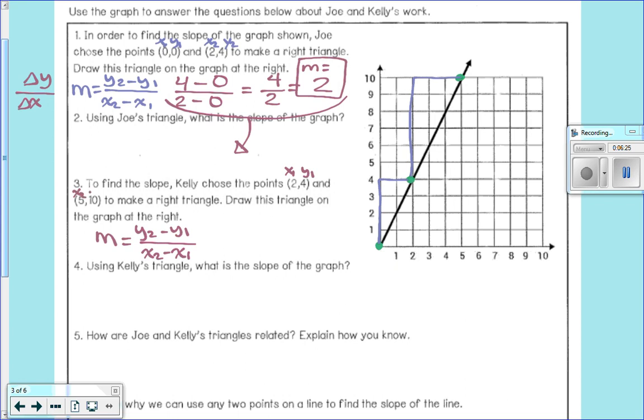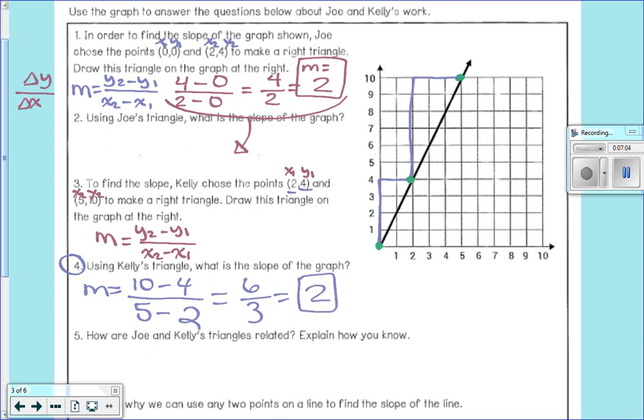So this is our second x value and our second y value. Now we're ready to substitute in our numbers. So our second y value is 10 minus 4 over the change in x, and our second x value is 5 minus 2. 10 minus 4 is 6, 5 minus 2 is 3. Simplify, and that gives us, good.